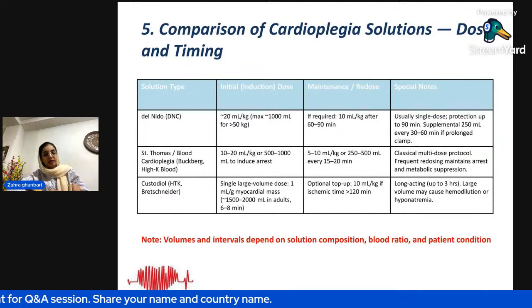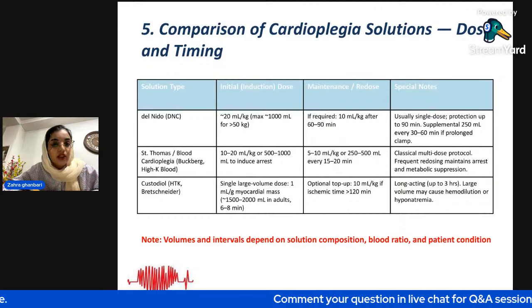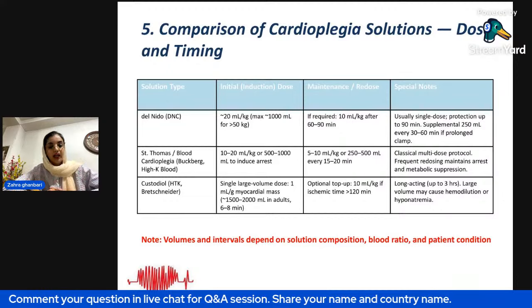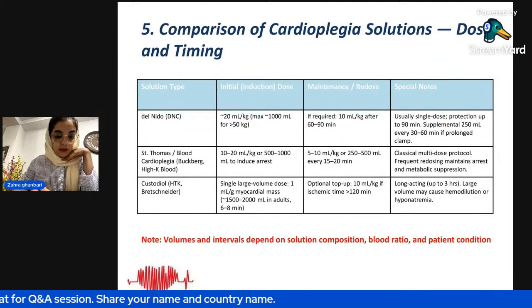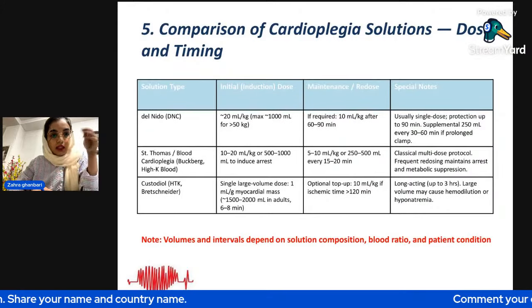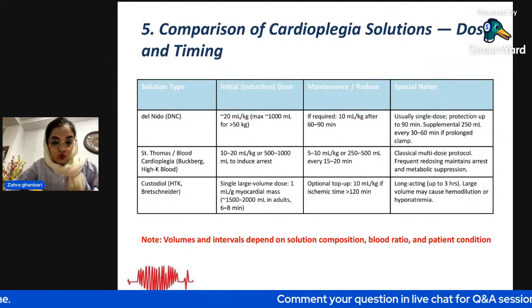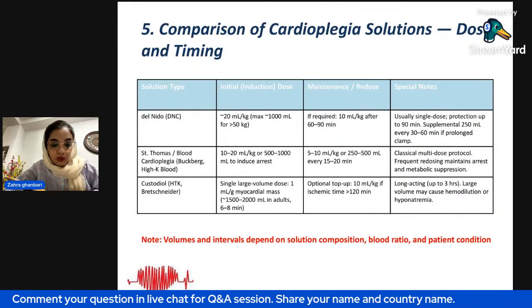Another one is St. Thomas blood cardioplegia, like buckberg and high potassium blood. The initial dose is 10 to 20 milliliters per kilogram. If I want to talk about each one of them, for example St. Thomas, the initial dose for adults is 10 to 20 milliliters per kilogram, and for child and infant, the initial dose is 30 to 40 milliliters per kilogram.